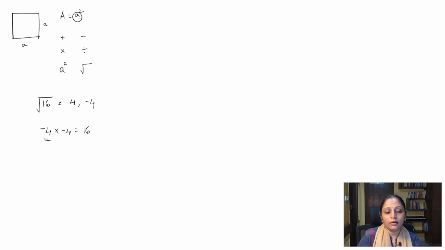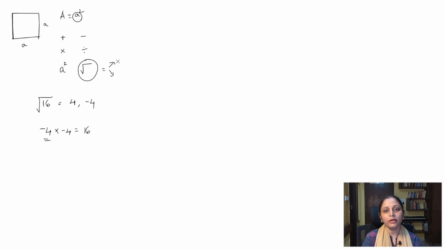Although in the textbook they have mentioned that the symbol represents only the positive value, I don't think that is correct. I have never read it anywhere. For this symbol, square root of any number, you are always going to get two answers.